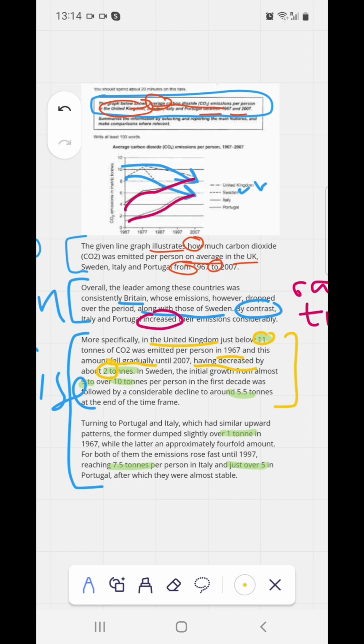Then we have the same thing for Sweden. So we have the initial growth, like at the beginning there was a growth. Again, numbers. Then it was followed by a considerable decline.